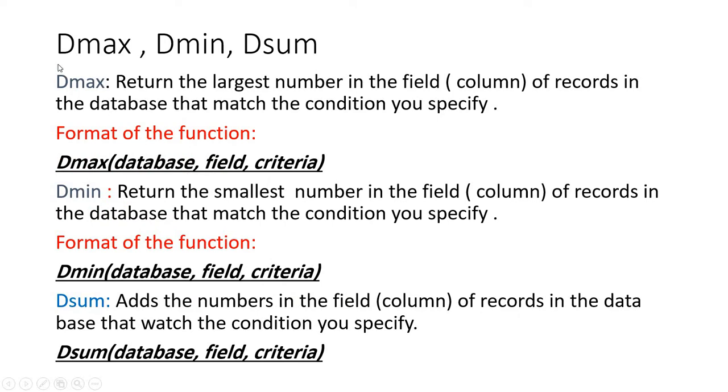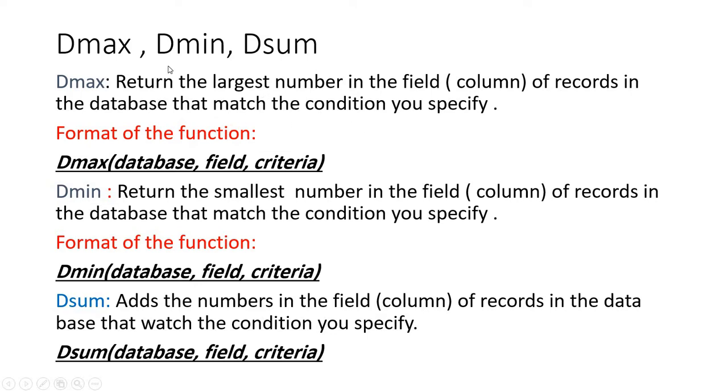Now we have three functions: DMAX, DMIN, and DSUM. The D means database: database max, database min, and database sum. DMAX is used to return the maximum or largest number in the field, depending on a condition you specify.